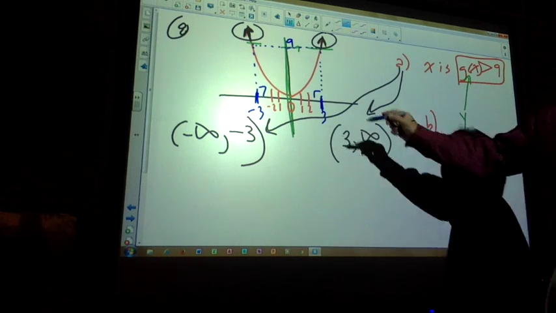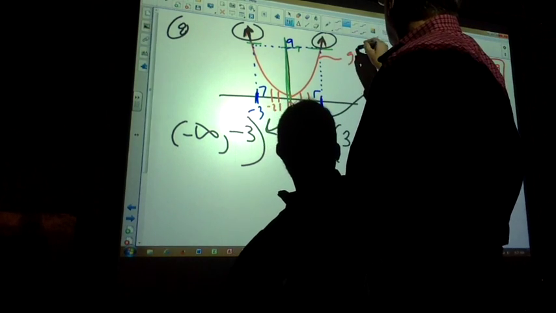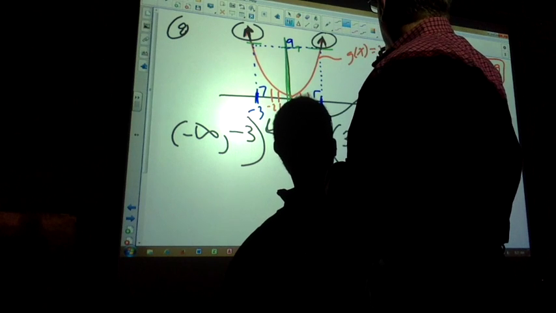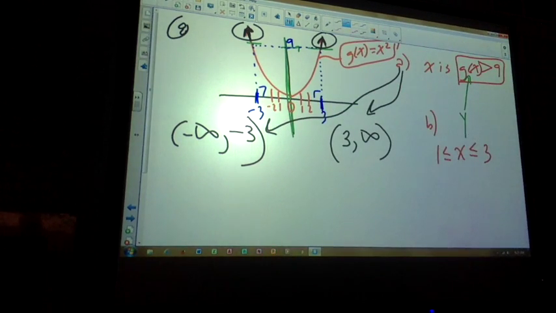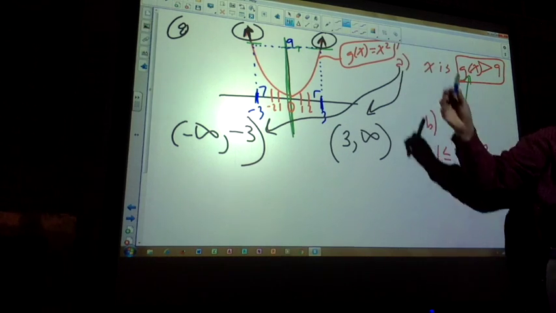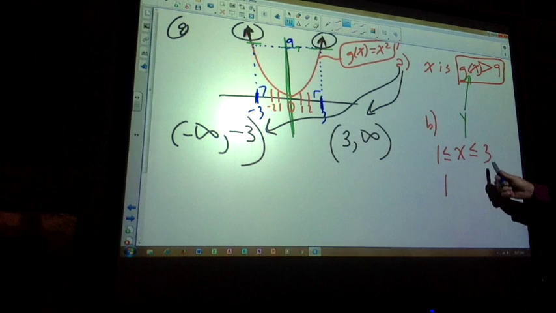So originally they told us that this graph, g at x, is equal to x squared. That's the equation that's graphed. So what values would g at x become if I were to have this limited? Well, I'm going to plug 1 in. 1 squared is 1. Plug 3 in.